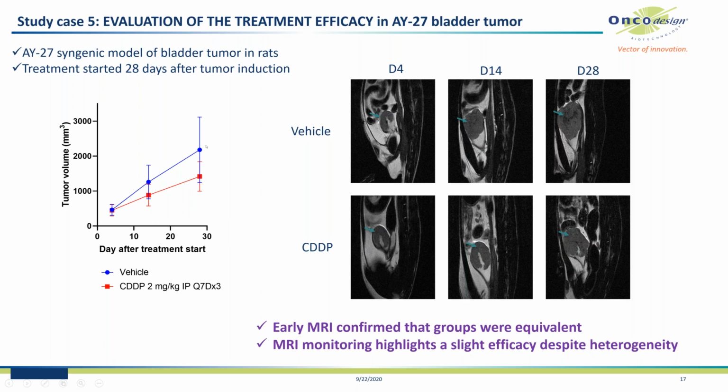After 4 weeks of treatment, we can see a difference between the vehicle and treated group, despite a big heterogeneity in the vehicle groups. So with the 3 time points of MRI, it can help to conclude on the efficacy of the treatment.